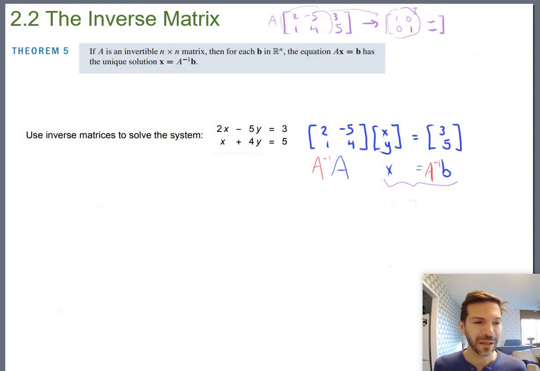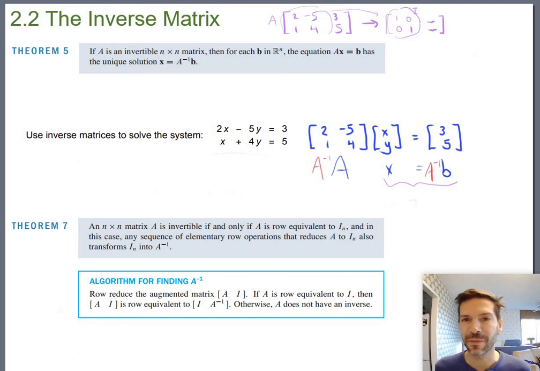So let me just point out Theorem 7, and this will give us our technique. Theorem 7 says a square n by n, 2 by 2 for us, matrix A is invertible if and only if A will row reduce to the identity of the right size, I2 for us.